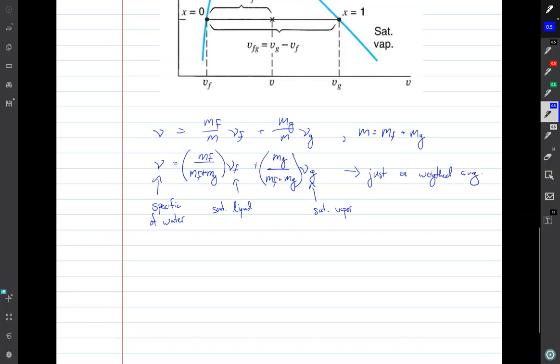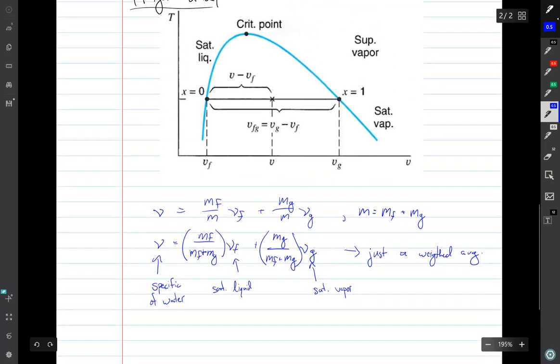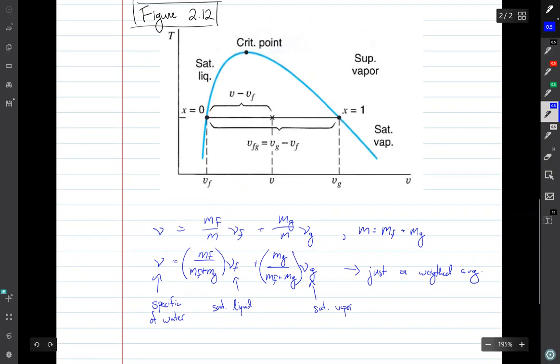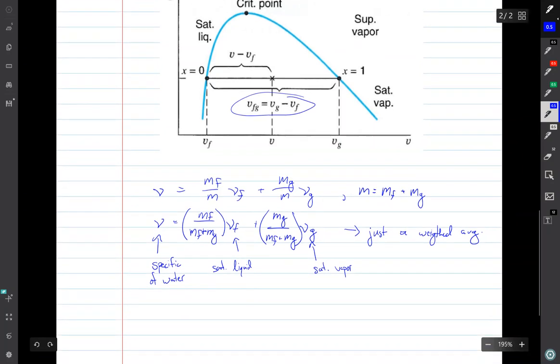Okay, so we're going to introduce this thing called quality to make some of these calculations a little bit easier. So if we define this term called VFG, which you'll find in your steam tables or your property tables, we can find this specific volume here.